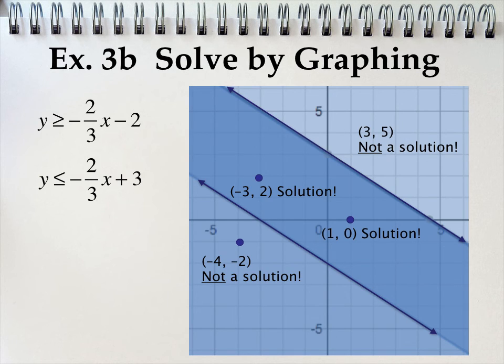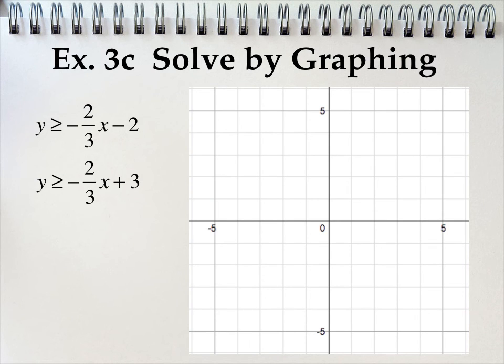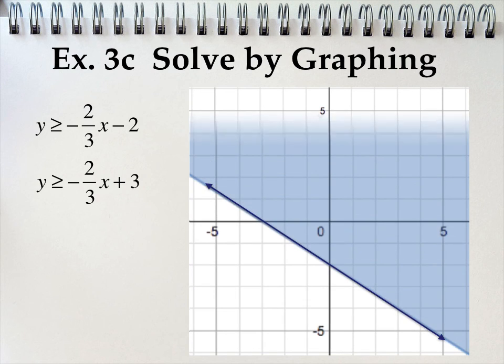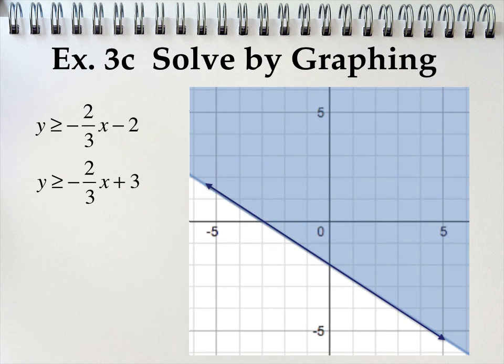One more time, in order for a point to be a solution of a system of inequalities, it has to satisfy both of them. It has to lie in the solution regions of both. Okay, similar, where we have our y is greater than or equal to, that's everything above that line.